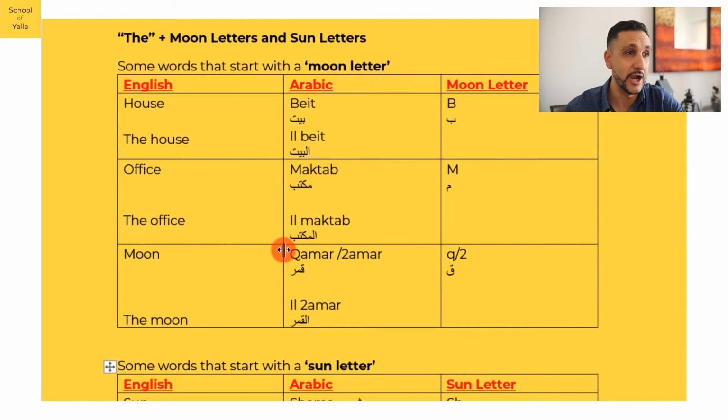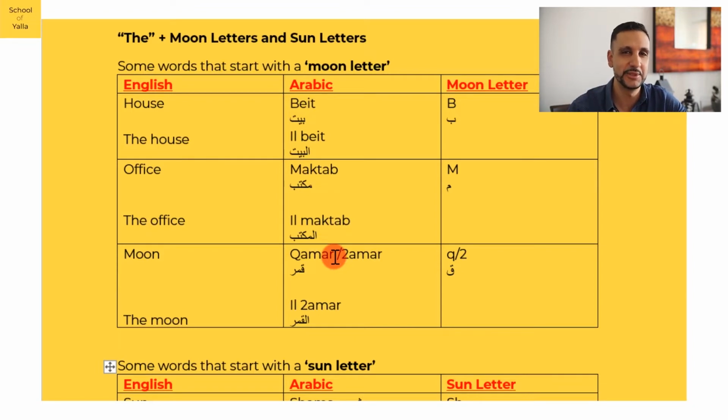So moon letters in Arabic are called al-ahruf al-qamariyya. A moon letter is harf qamari. Harf qamari literally means moon letter. Qamar is moon. So this is in reference to the first letter of the word qamar, which is the qa sound. Not a ka, we do have the letter K, this is a qa.